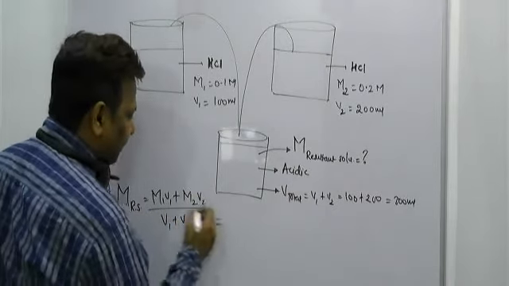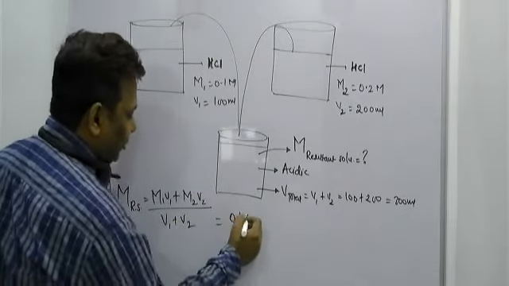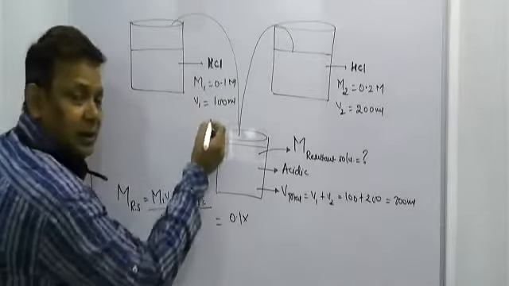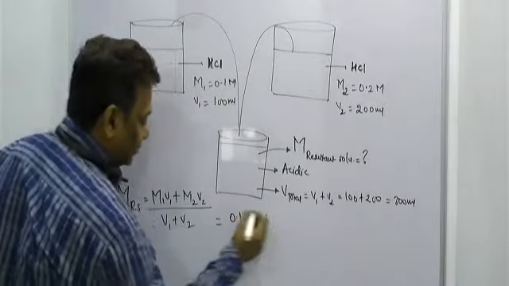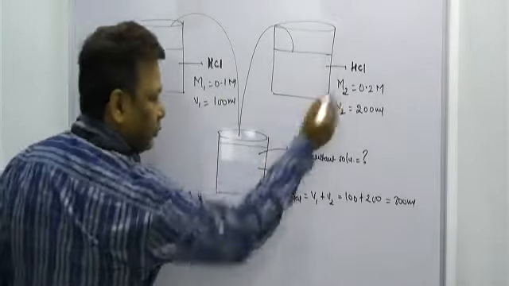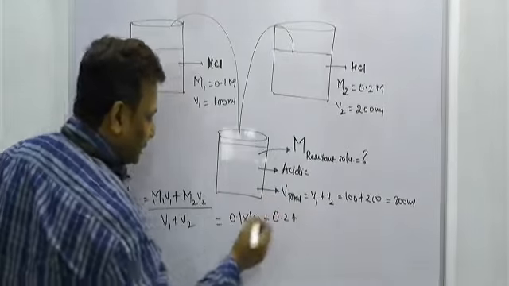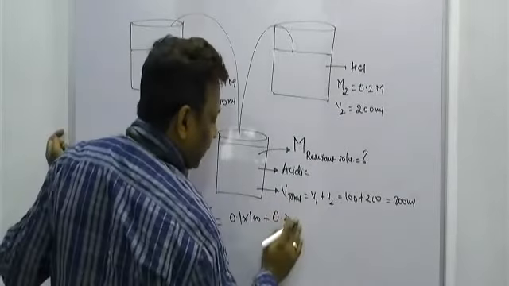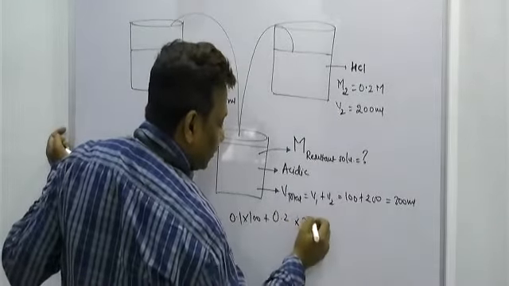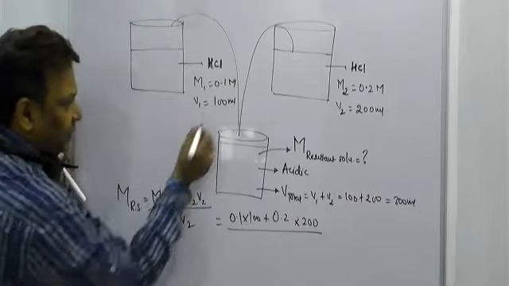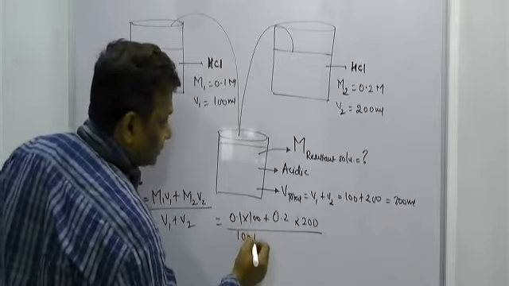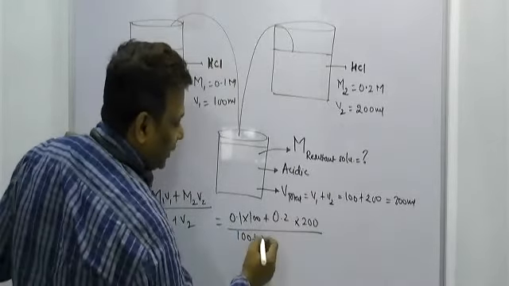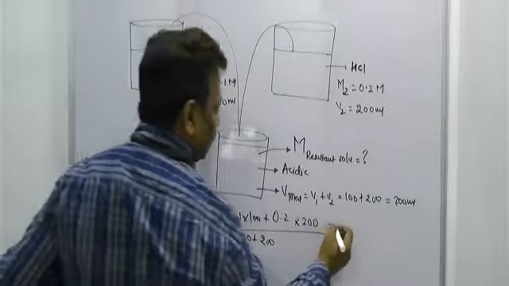What is M1? 0.1. What is V1? 100. Plus M2, 0.2, and V2, 200, divided by V1, 100, plus V2, 200. Now you solve it.